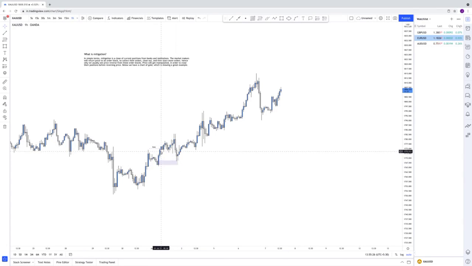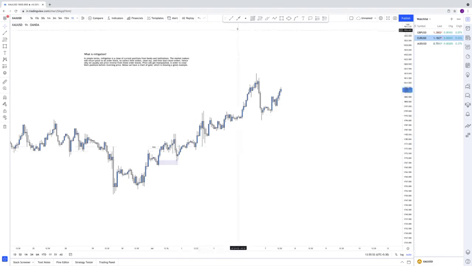We had a bit of imbalance in price that was mitigated, basically meaning filled, and more orders are being entered here from larger interests of money, and then you can see price reversed from that area. So this is not just happening by luck, it's all calculated, and yeah, that is a mitigation.